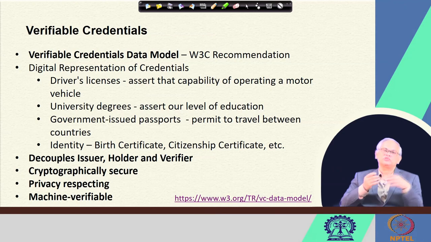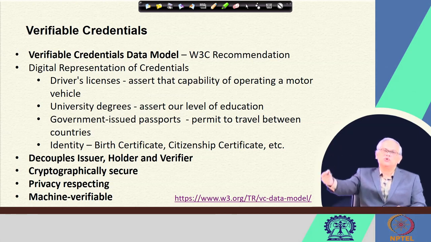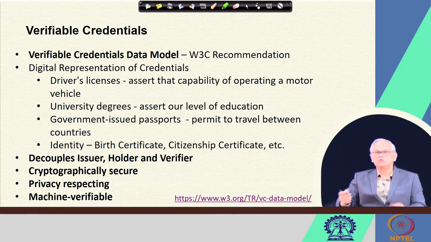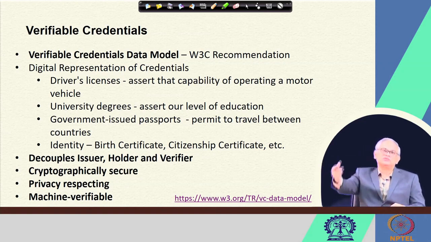The university can issue the VC to the holder after the holder graduates, say in the year 2020. The holder keeps that VC, and maybe in 2022 decides to go for higher studies. Then the holder will present that VC to the verifier, which in this case is the next university where the holder wants admission.